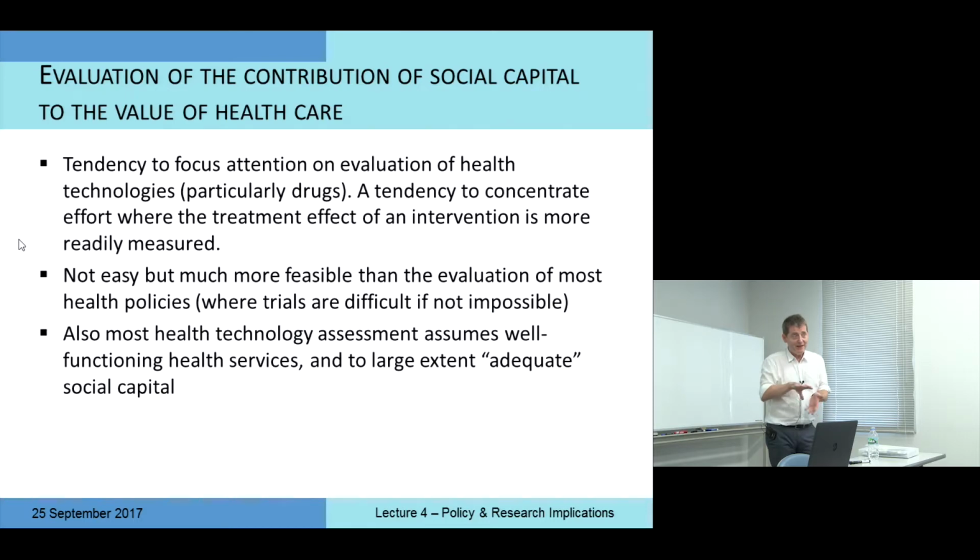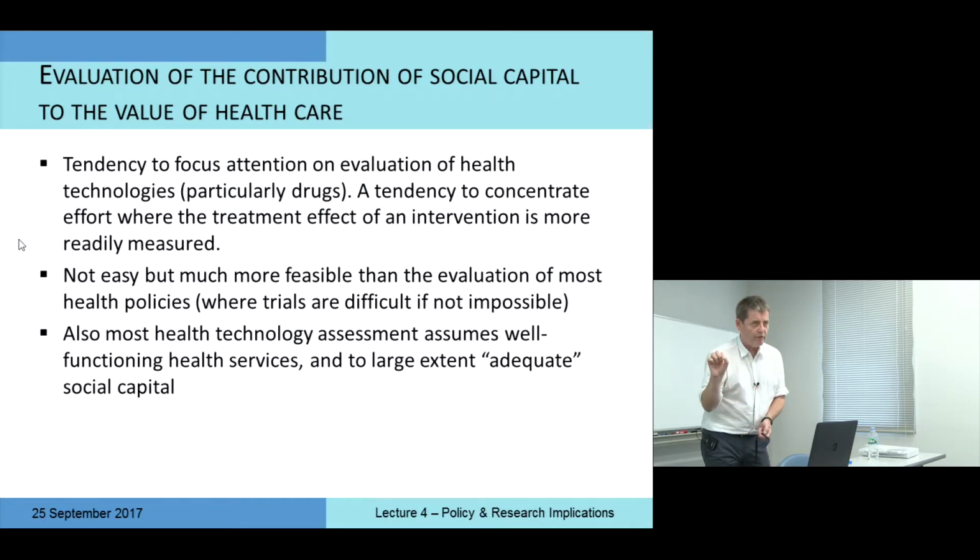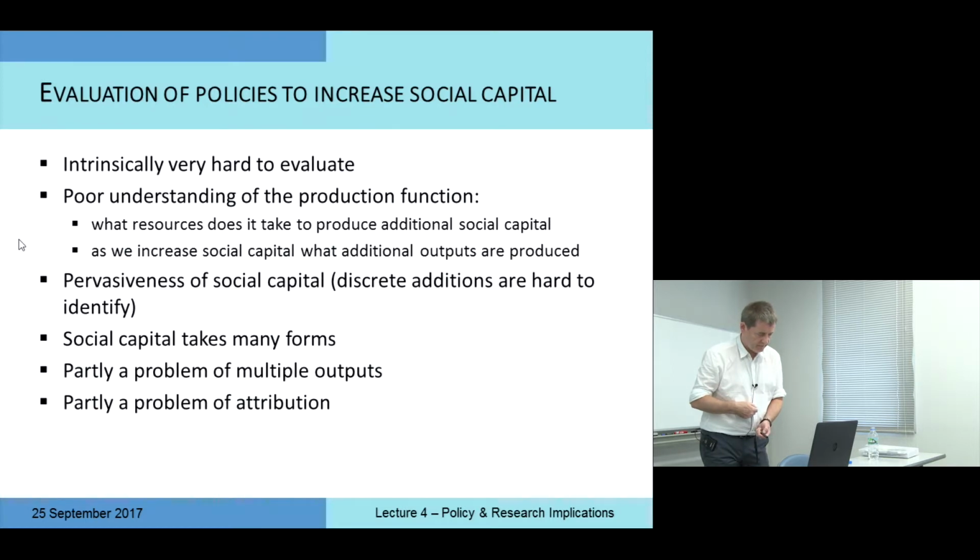And that bit is missing whenever we are evaluating new drugs. Or at least, if we're doing it in a country like the United States or Japan or England, it's missing. What is that contribution of social capital to producing the health benefits?